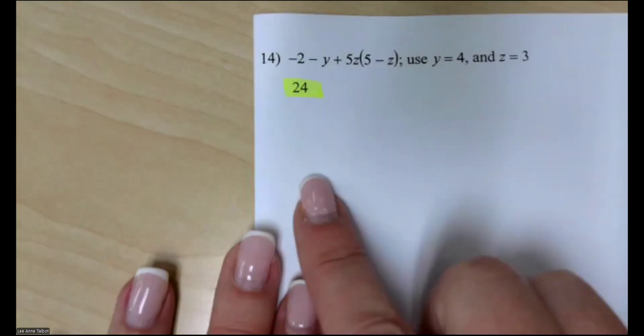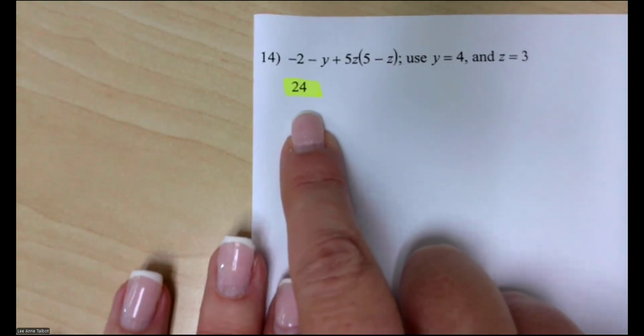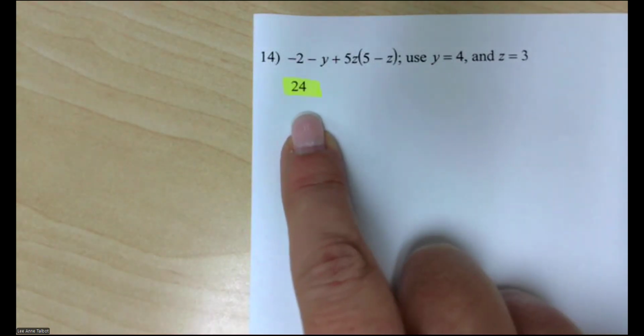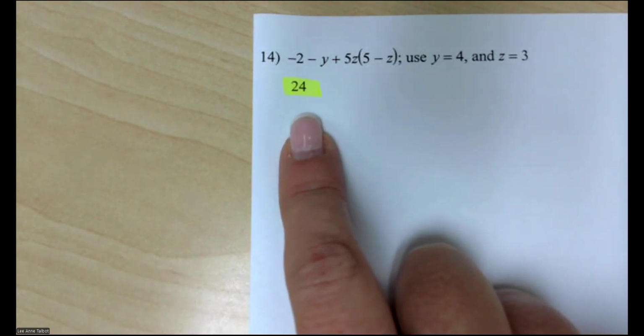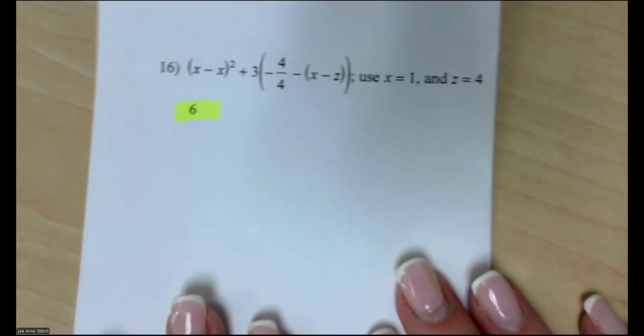Okay. Number 14 is 24. Did we do 16 together? No, we did not do 16 together. 16 is 6.